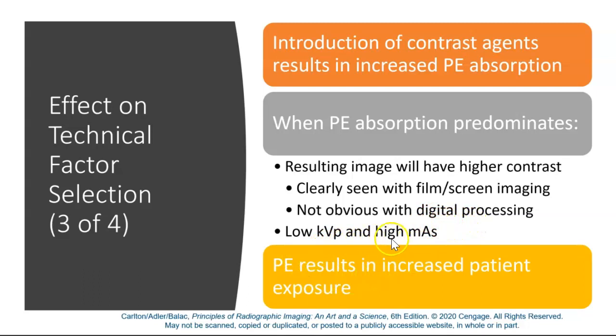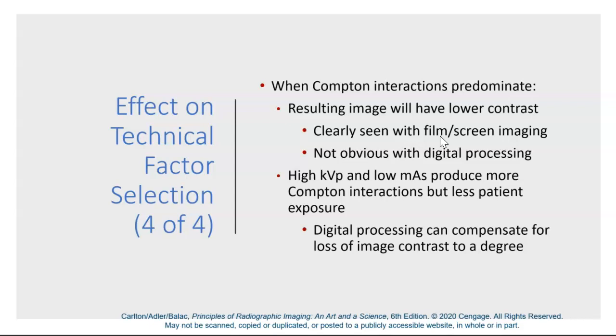So low kVp and high mass also will. That low kVp, which is a lower energy photon, is going to predominate with our photoelectric absorption, okay? So photoelectric results in increased patient exposure, not just exposure, but dose. When Compton interactions predominate, images will have lower contrast, clearly seen with film screen, but not so obvious with digital.